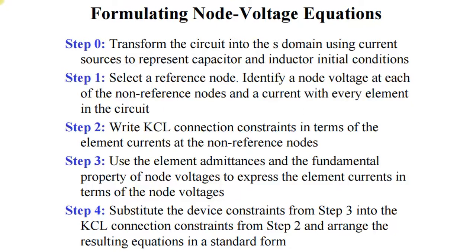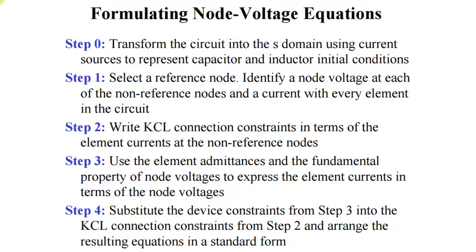Next, write KCL connection constraints in terms of the element currents at the non-reference nodes, and use the element admittances and the fundamental properties of node voltage to express the element currents in terms of the node voltages.